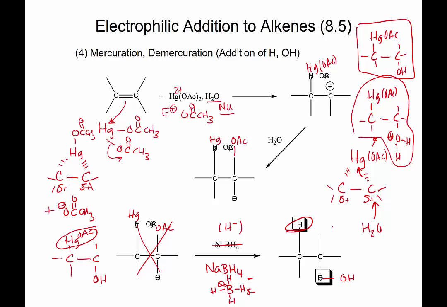So in other words, the mercury and the OH were trans, and when the sodium borohydride reacts with the mercury, the H and the OH are still trans. So the initial geometry of how the mercury added is carried through with the hydrogen. So in the end, I've added H and OH trans to the double bond.